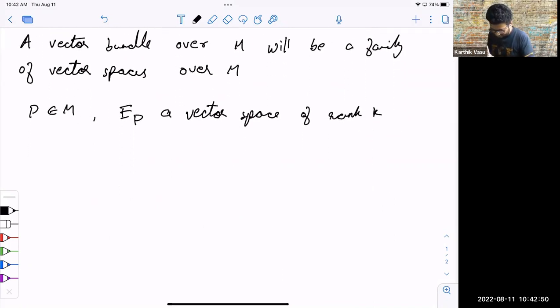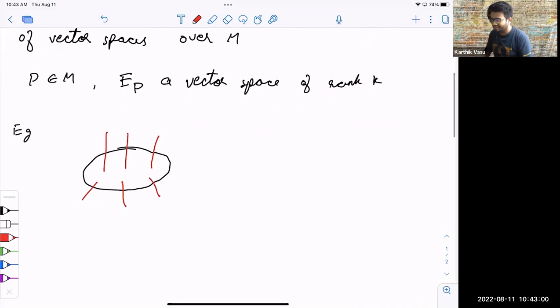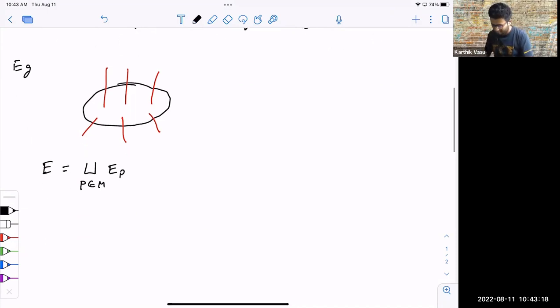So just pictorially, if you think of it, let's say if we had a circle, I'm just associating some vector spaces there. So each point has one. And because of this, I can define this: the disjoint union of all these vector spaces E_P, for P belonging to M, which will be called the total space.